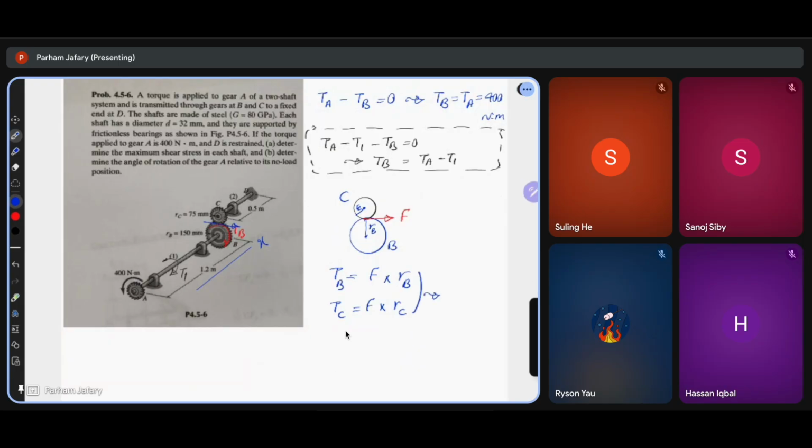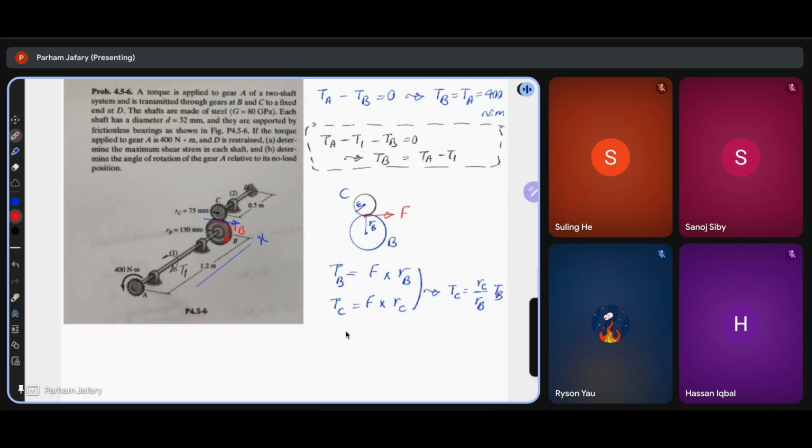From here, I can write TC is equal to RC over RB times TB. And I know from the geometry that when this one is going to the right, the upper one will go to the left. Okay?